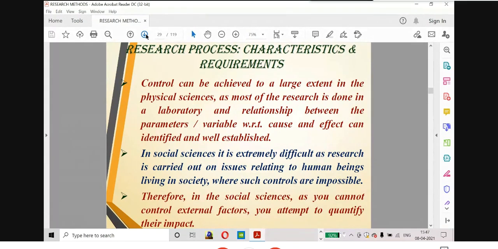So we are getting a qualitative answer: excellent, good, satisfactory, not satisfactory, and then we are converting it to a quantity: 5, 4, 3, 2, like that. So what we do in social sciences is quantifying the thing more.